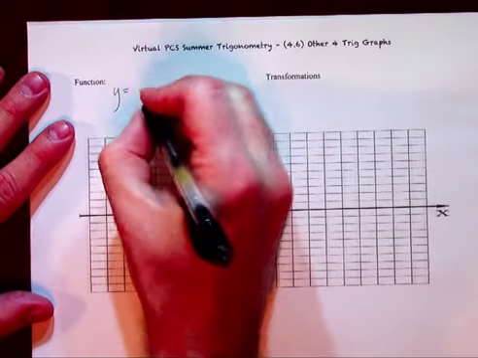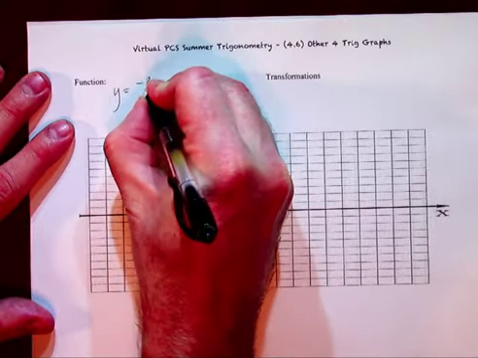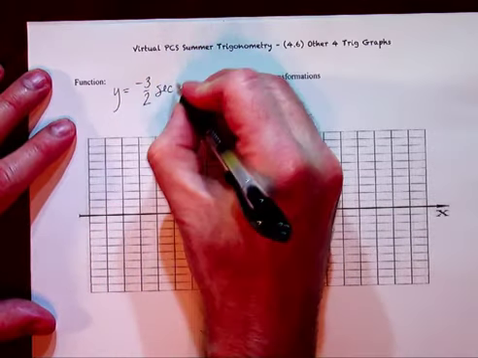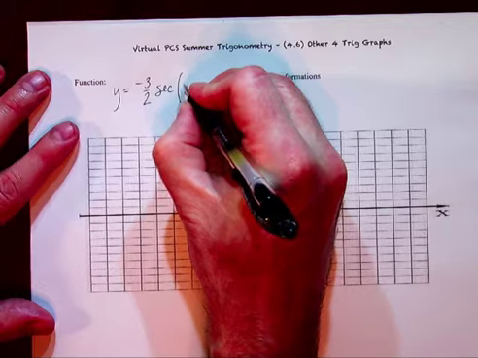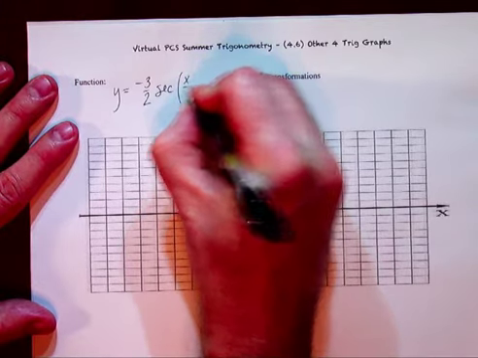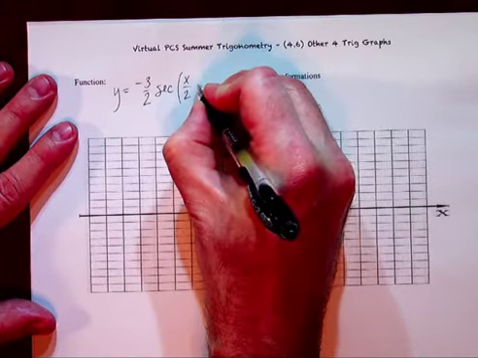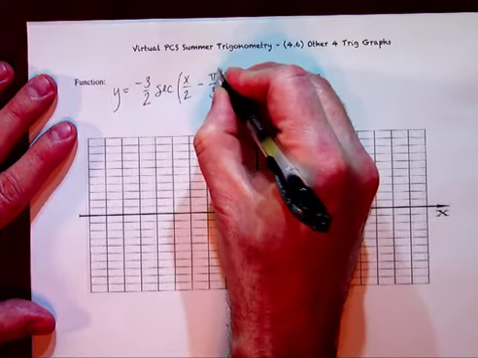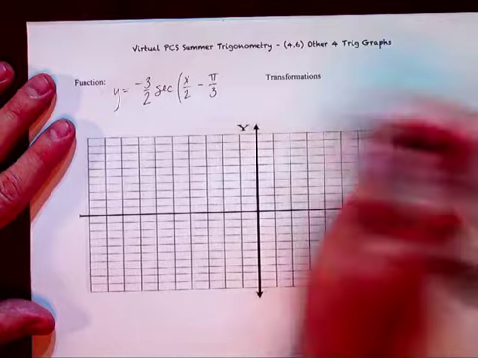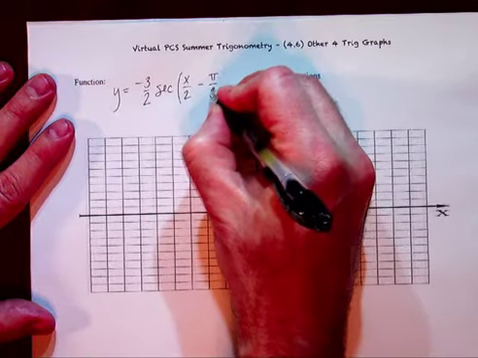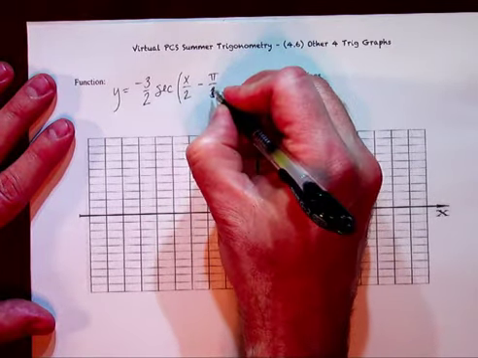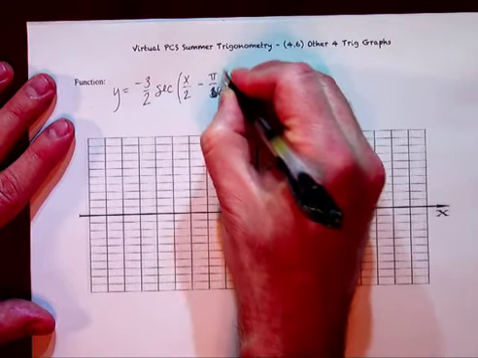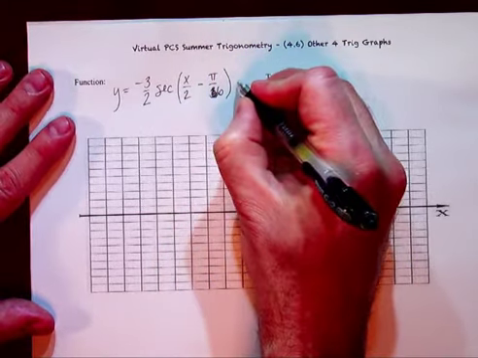How about negative 3/2 secant of x over 2 minus pi over, let's make it pi over 6, and then that's enough right there.